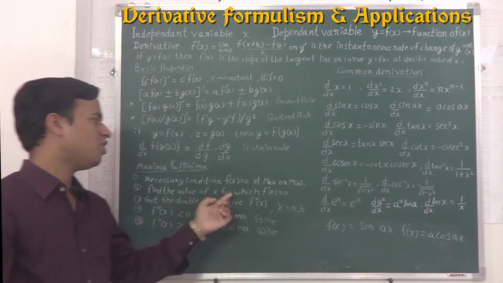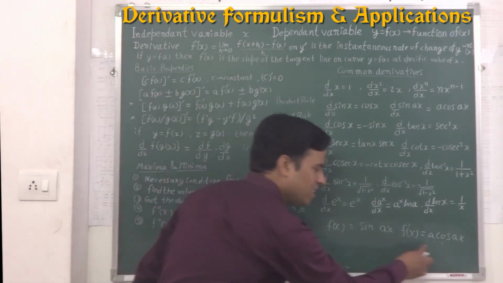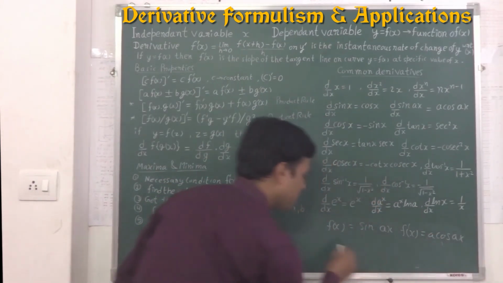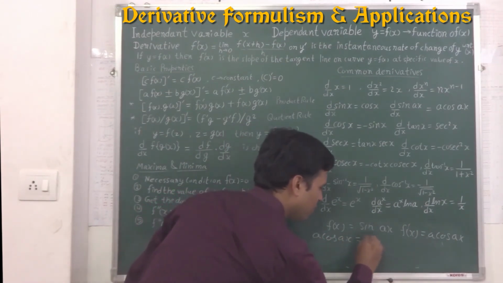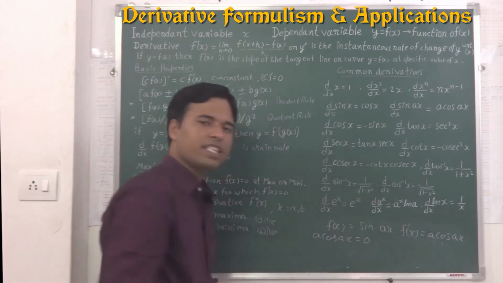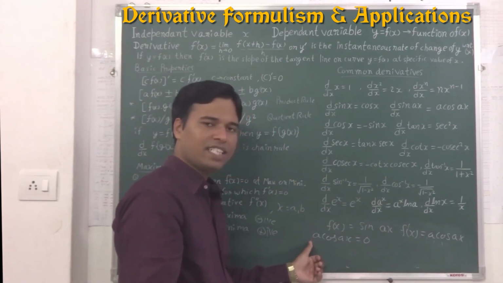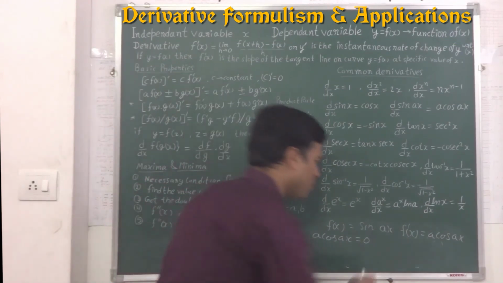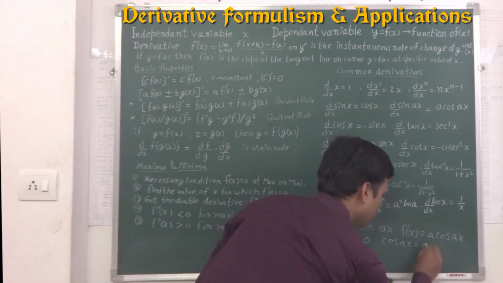Find the value of x for which f dash x is equal to 0, then a cos of ax is equal to 0 for some values of x, but this quantity a is not equal to 0, so cos of ax is equal to 0.